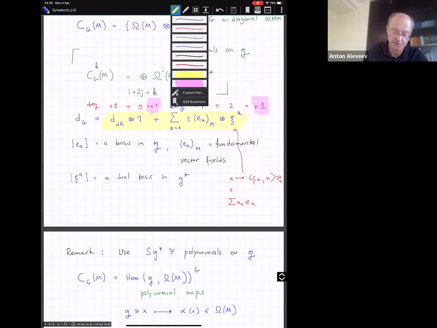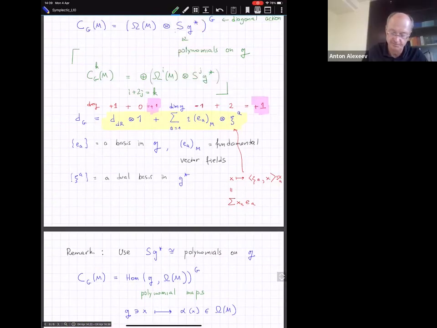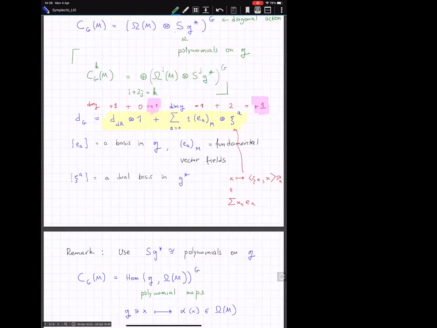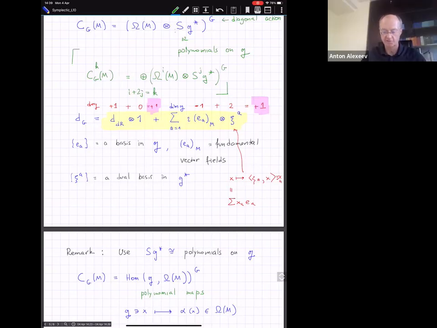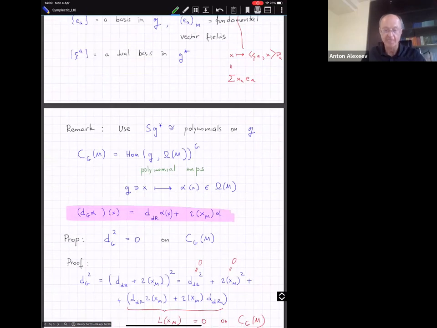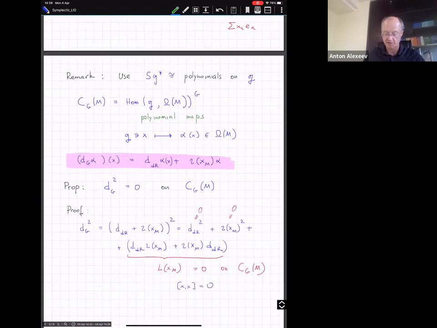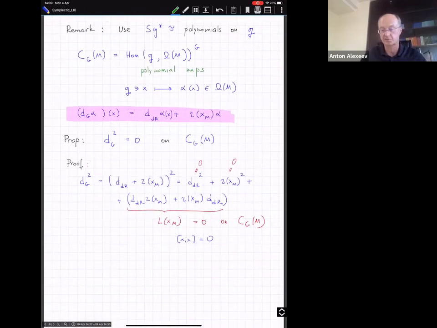Oh yeah, sure. In the green formula. Yes, that's right. Everything is G invariant. Otherwise, if you don't have G invariance, then the Cartan differential would not square to 0.